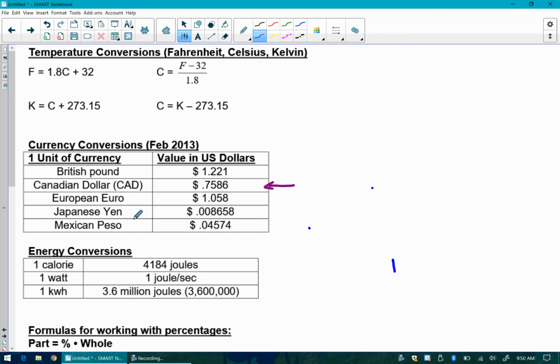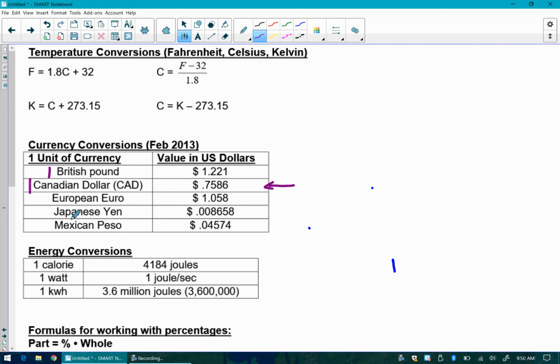All of these over here in the left-hand column, these are always the ones. So 1 pound is this much US dollars. 1 Canadian dollar is 0.7586 US dollars. So what that means is the US dollars in your conversion always get this value, and the exchange money would always have the 1 associated with it.